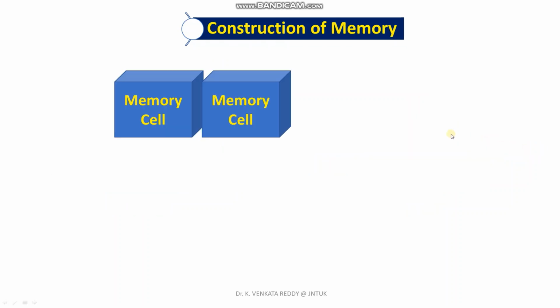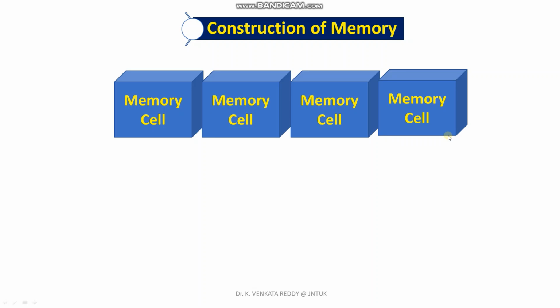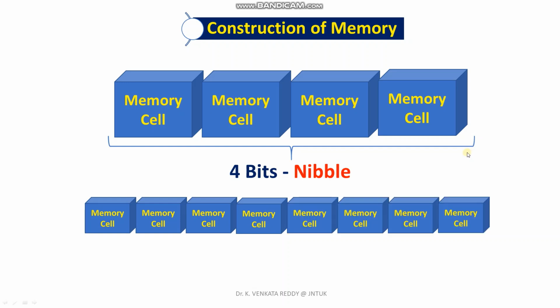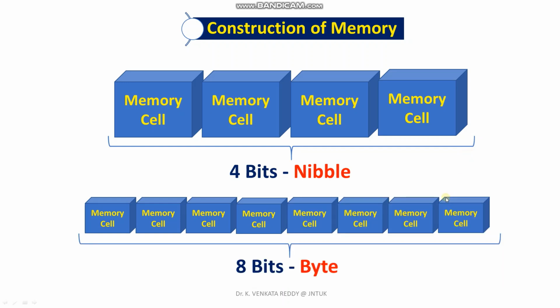If you group 4 such memory cells, the combination is called a nibble. A nibble can store 4 binary digits. If you group 2 such nibbles, a total of 8 memory cells, that is called 8 bits or a byte.